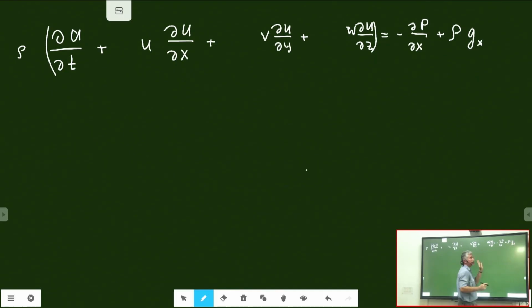Okay, so this is just the component of the gravity vector in the x direction. So x could be not necessarily horizontal, it could be at some angle with respect to gravity. All right, so this is our equation of motion in the x direction.